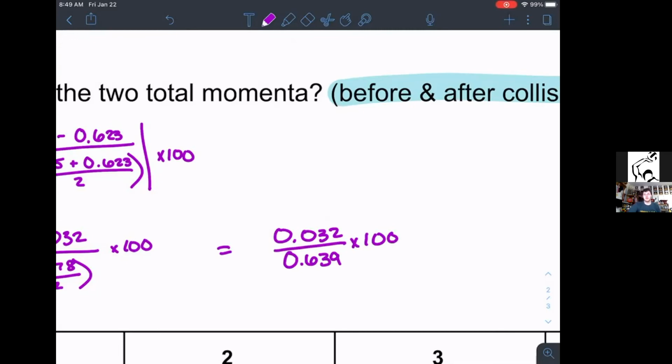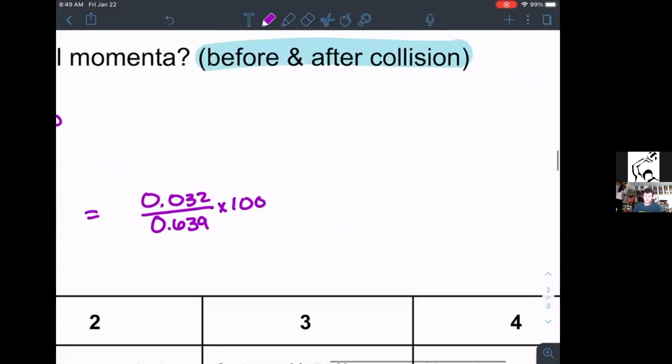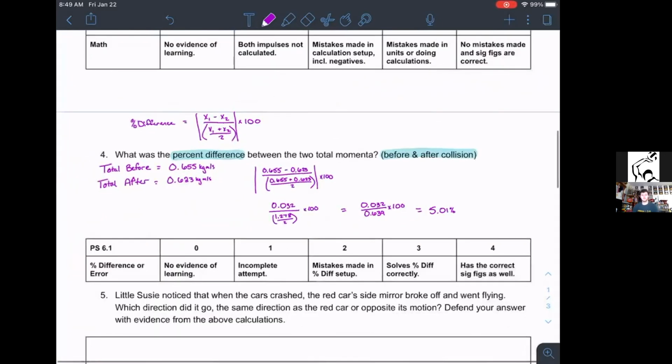All right, and if we do our 0.032 divided by 0.639 and multiply by 100, we are going to get 5.01%. So a very small percent difference here, not too bad.